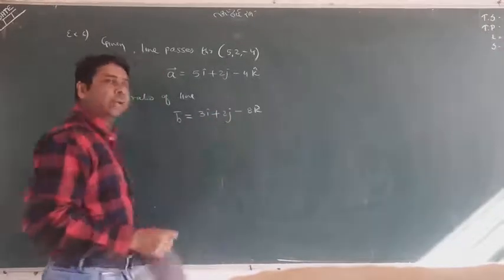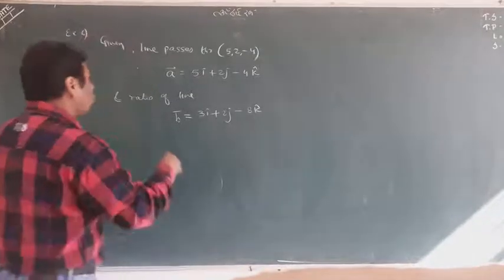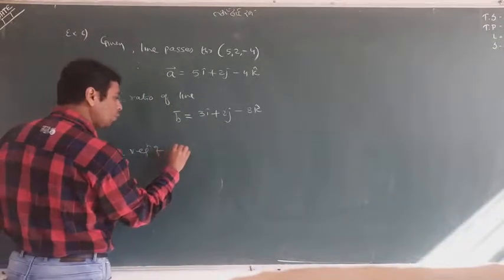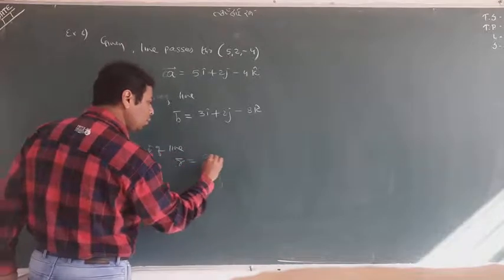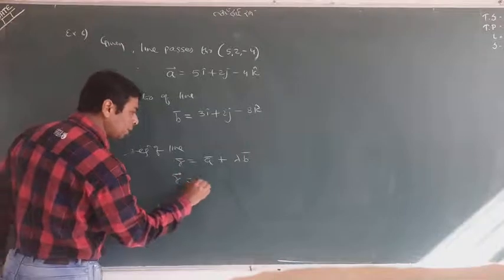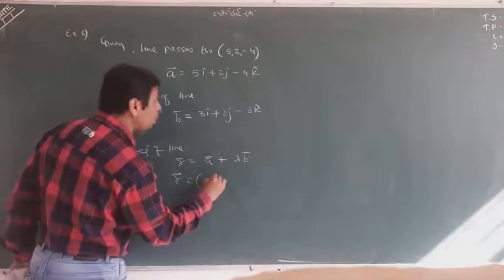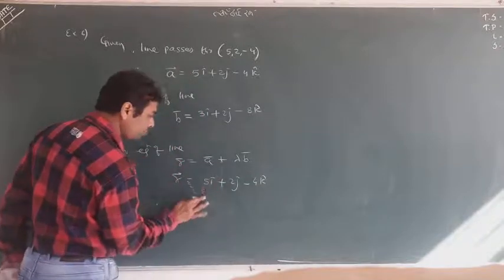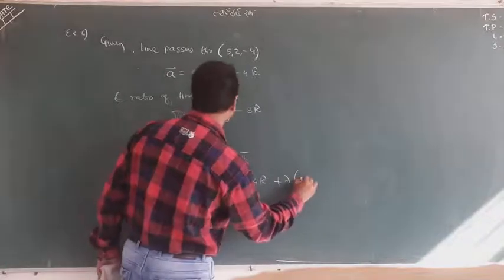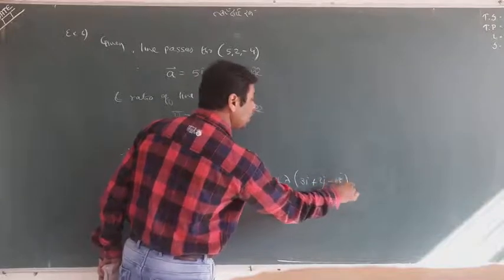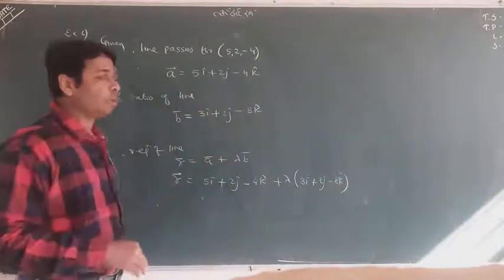So already having a and b, vector equation of line r equal to a plus lambda b, put the values. A is equal to 5i plus 2j minus 4k plus lambda b, where b is equal to 3i plus 2j minus 8k, and this is the answer, vector equation already obtained.